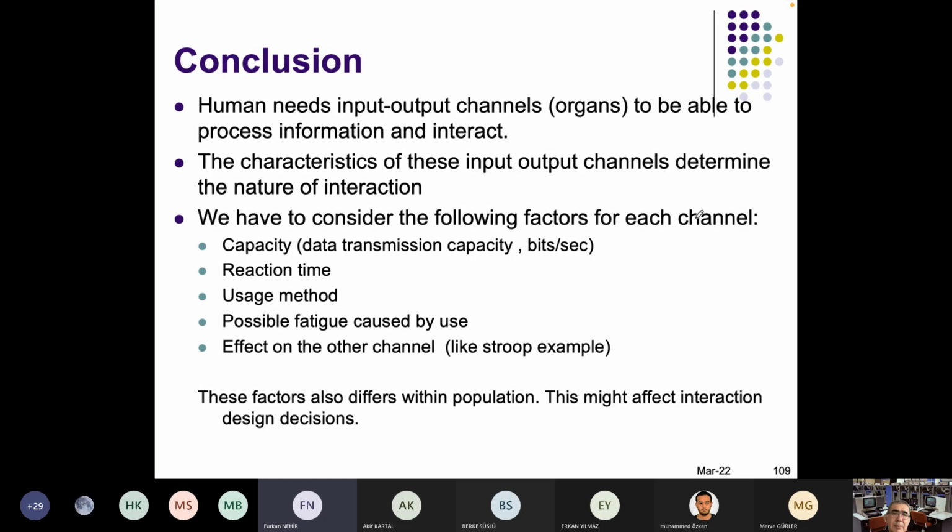For example, the sound channel has the minimum reaction time. So if you want to warn somebody, sound is the fastest one. Then visual, then touch, then burn.